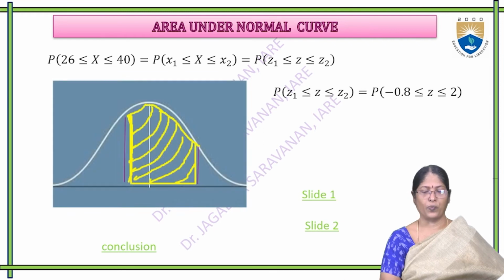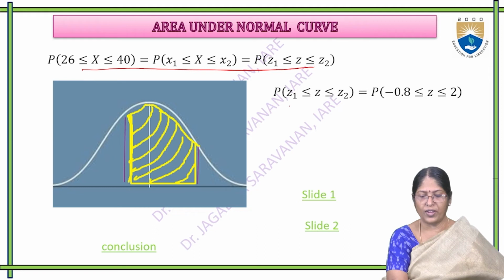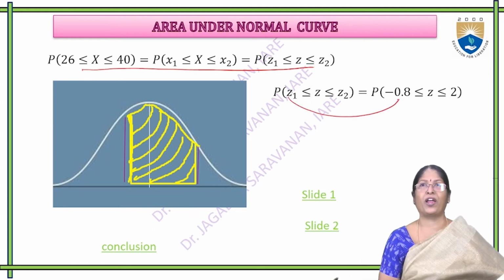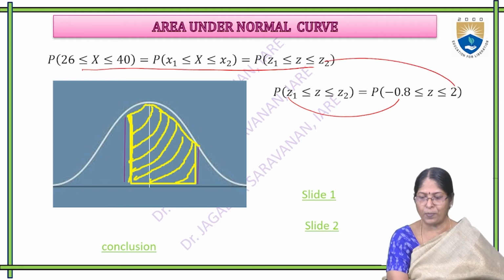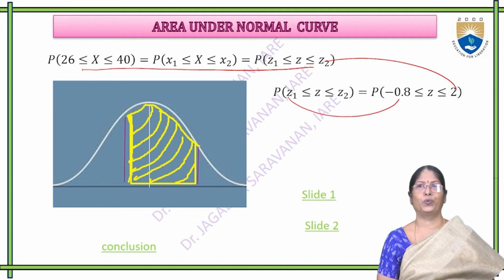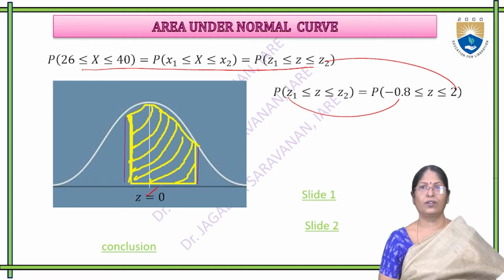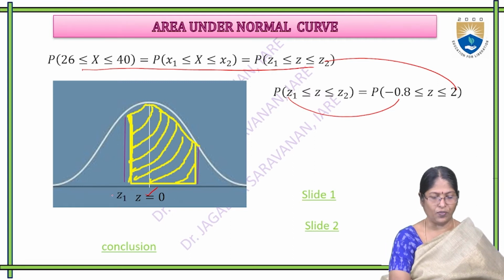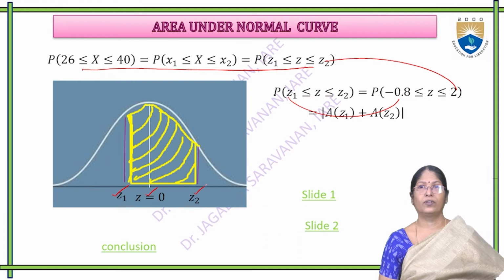Here we can see it very clearly. z1 we obtained is minus 0.8, and z2 we obtained is 2. Here is z equal to 0, here is z1, and here is z2.